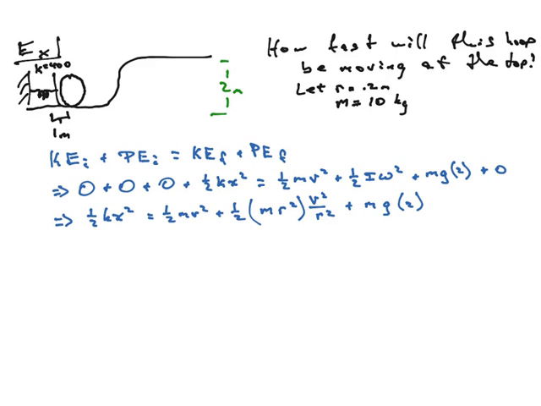And now we want to try to cancel whatever we could cancel. What can we cancel? Well, the r squared cancels this r squared. Can I cancel the m's? No. I can't cancel the m's because this term does not have an m. Remember, you're only ever allowed to cancel if every term has it.